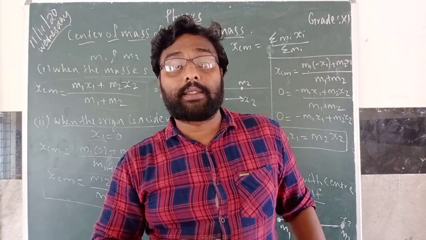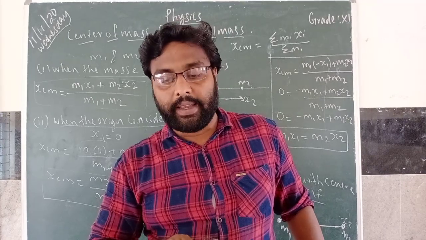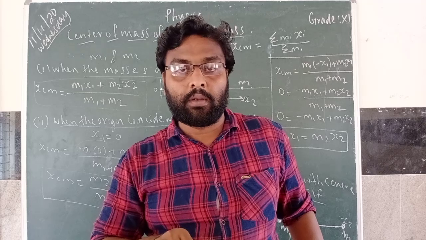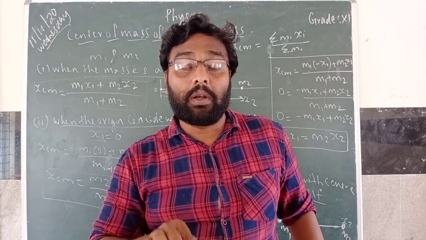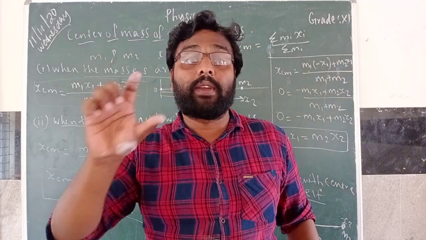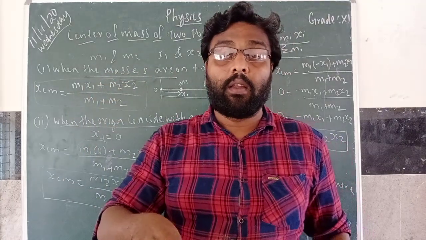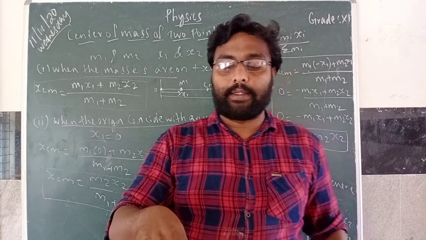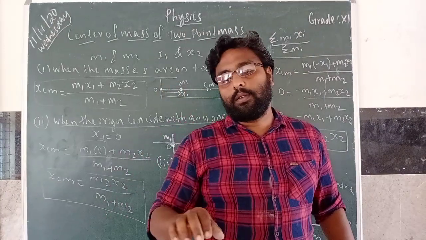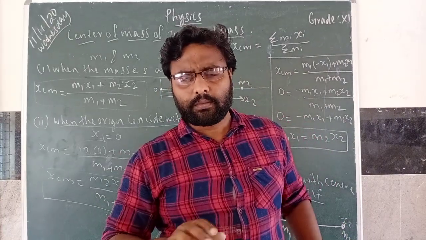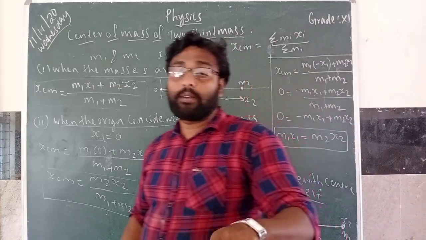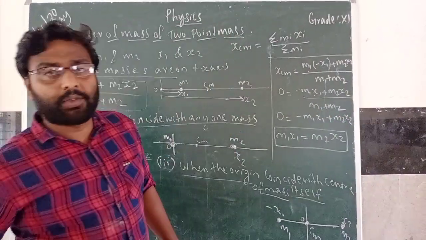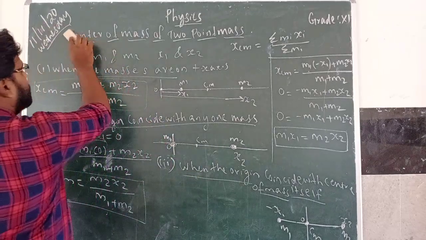So mark example 5.3, very important question in this unit. It was asked in last year's exam. So mark that problem and practice it. It is your homework. And next one is center of mass.